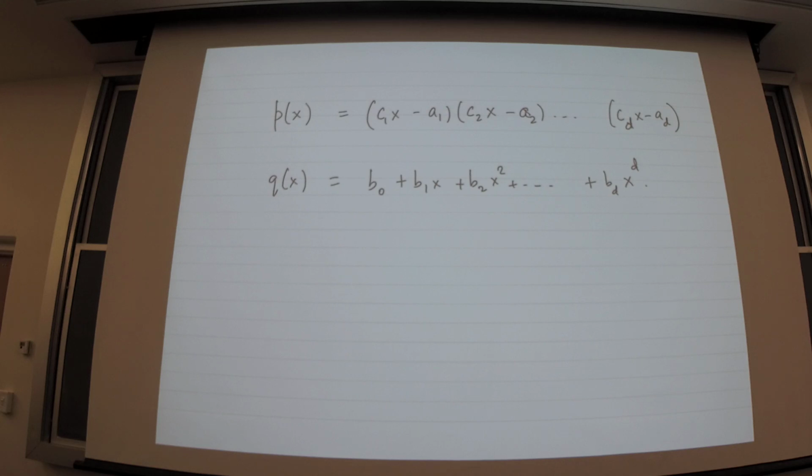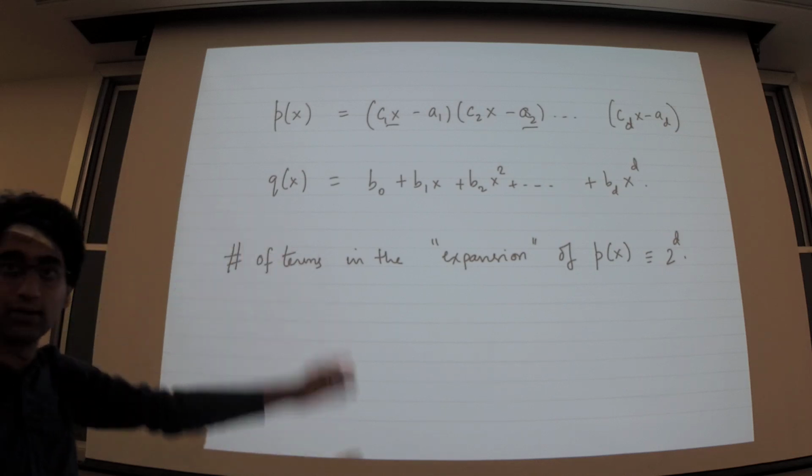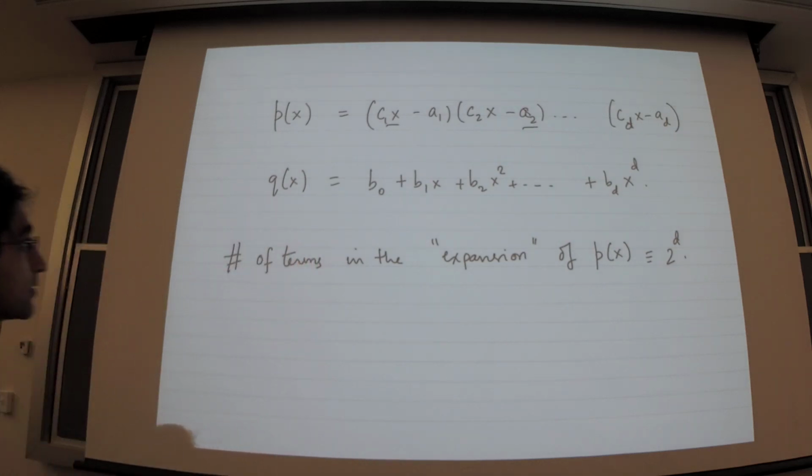So the number of terms in the expansion of p of x is actually exactly 2 to the d. If you expand naively, you have to make d choices of which term to pick. So this is why expanding p of x symbolically is not a very good option, if d is large.